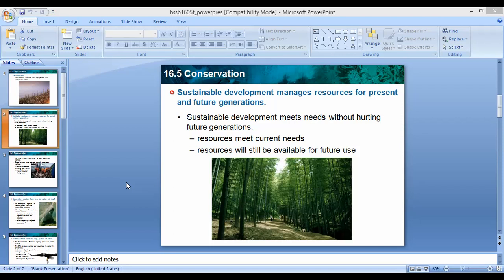Another very important thing is that the roots of these trees will hold the soil in its place. If I have rain and this area was empty, with no trees, the water of the rain will move the soil away.